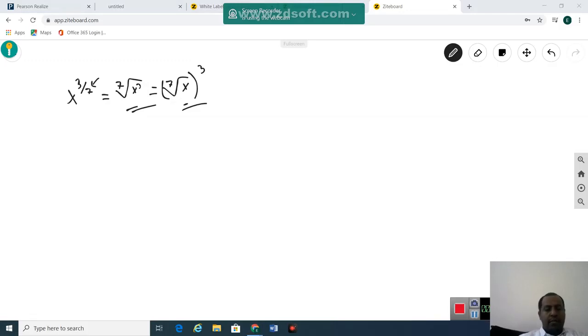Another thing that I would like to stress in this problem: every time we have a rational exponent, the first thing that we need to do is check whether the rational exponent is written in simplified form or not. In this case, 3/7, is it written in simplified form?